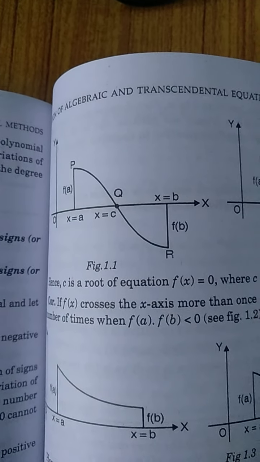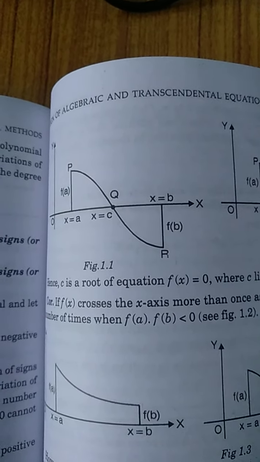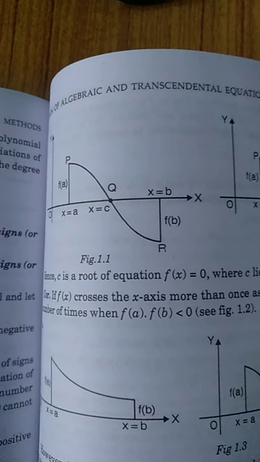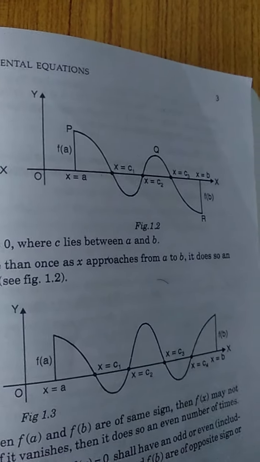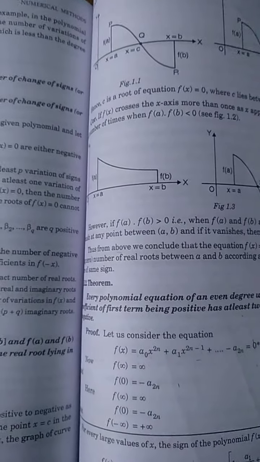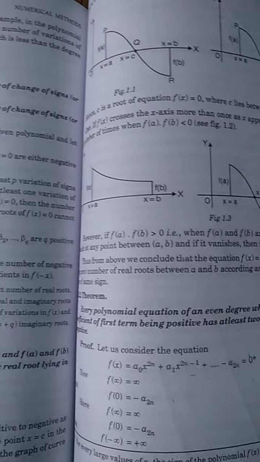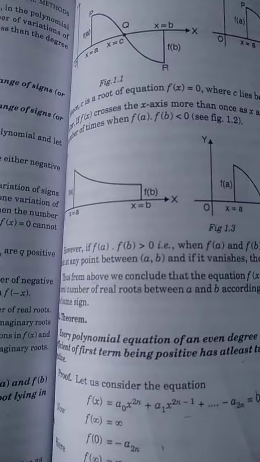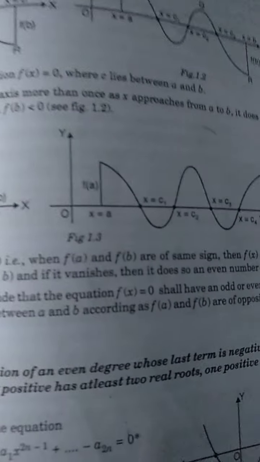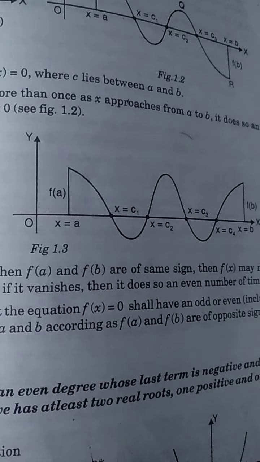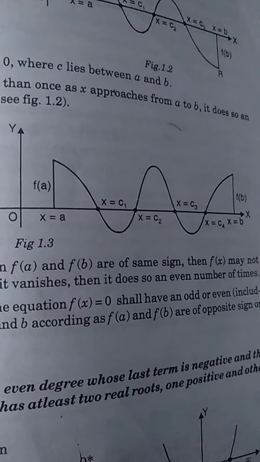The root lies on the x-axis where the curve cuts the x-axis at x = c, x = c1, x = c2. If the curve does not cut the x-axis, then there is no root of the equation, and if it cuts, then it has even roots.